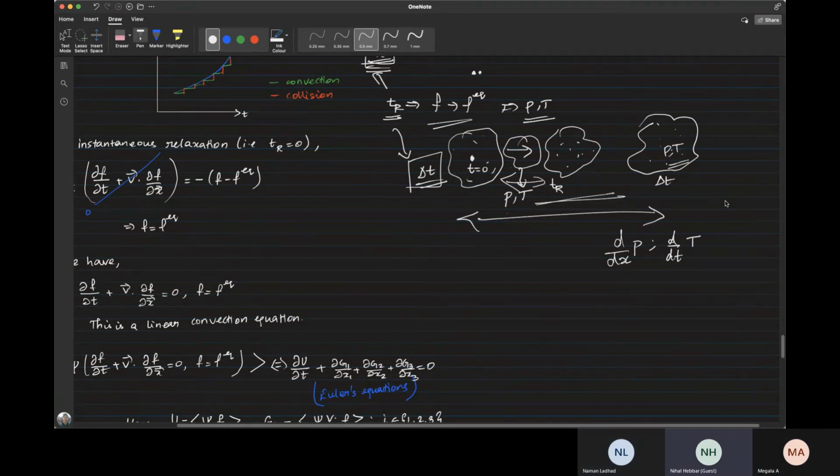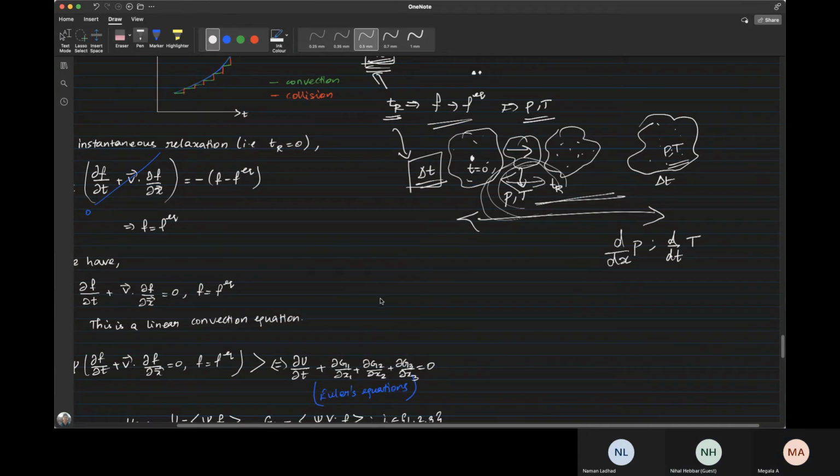Ma'am, so in one way we can say that it all boils down to the assumption of continuity itself, right? Because there again we compare the mean free path with the characteristic length to get the same sort of inference. Yes, if the Knudsen number is small, then that also means that the relaxation time is small.